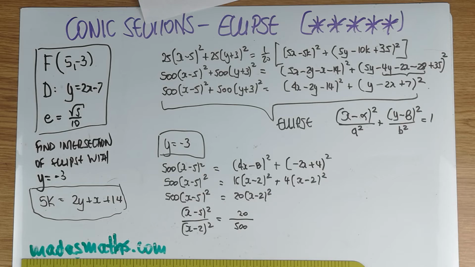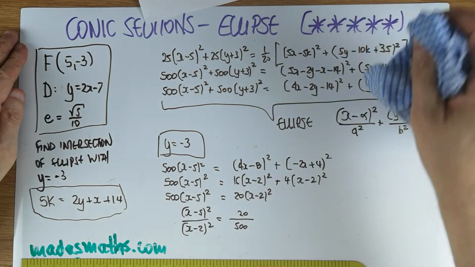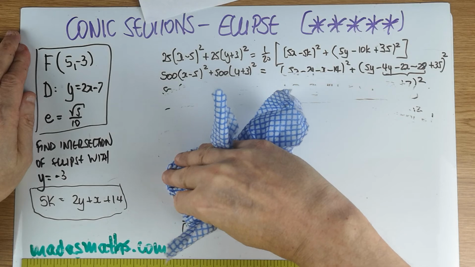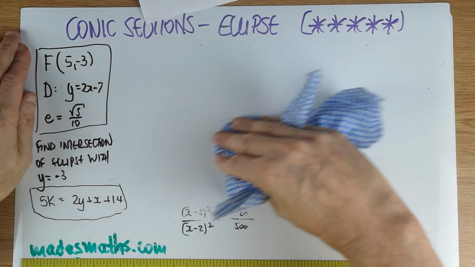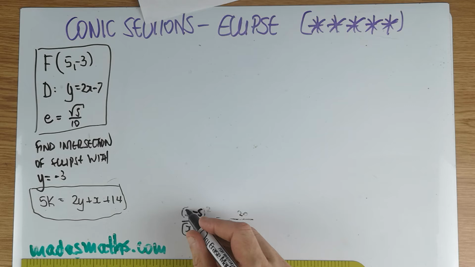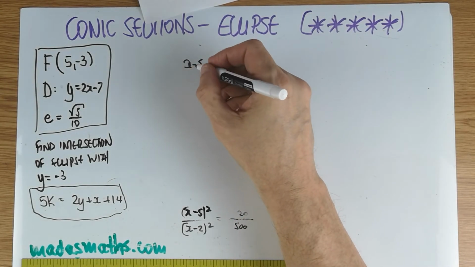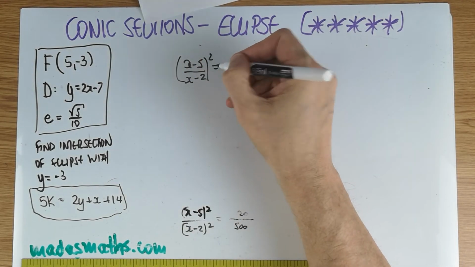There's still more algebra with this, but we're almost at the end now. The hard bit was this manipulation when we put the 25 in and tidied this particular expression. I think even with a calculator, this would have been an absolute nightmare. It's not an easy question to handle. So what do we have now is, of course, (x minus 5) over (x minus 2), all squared.